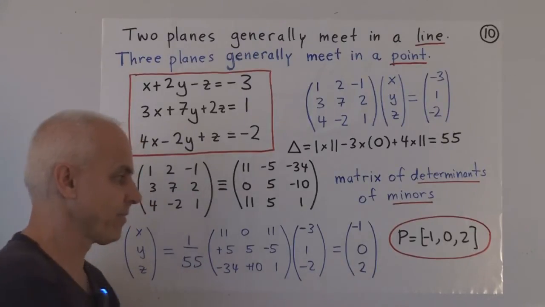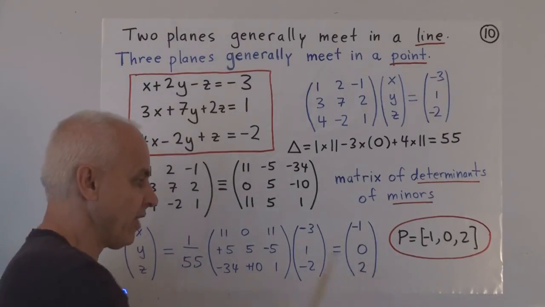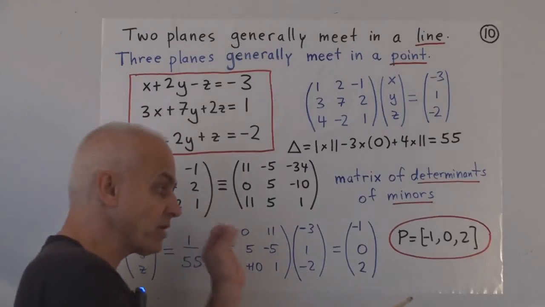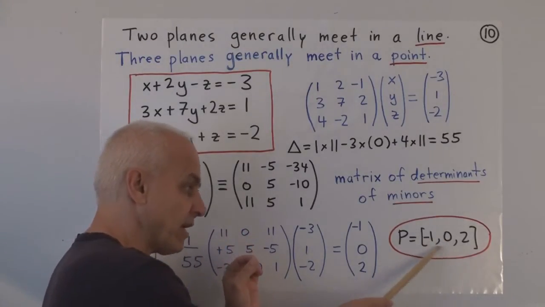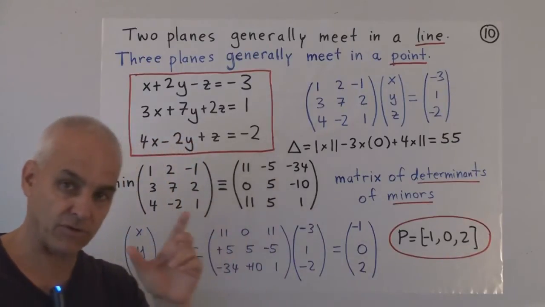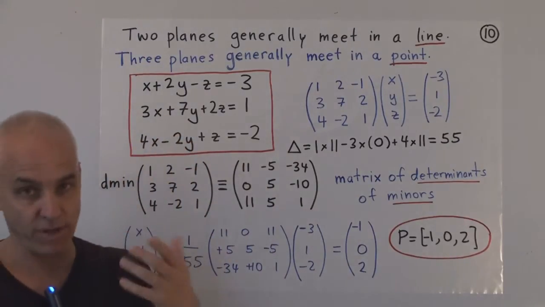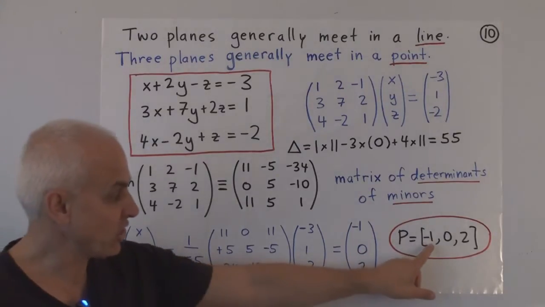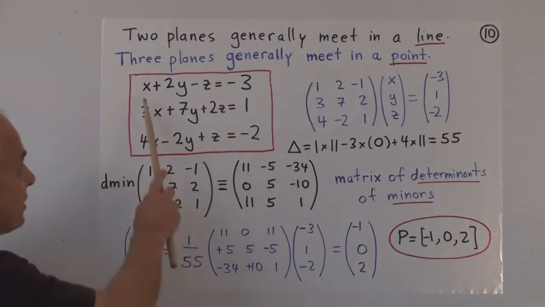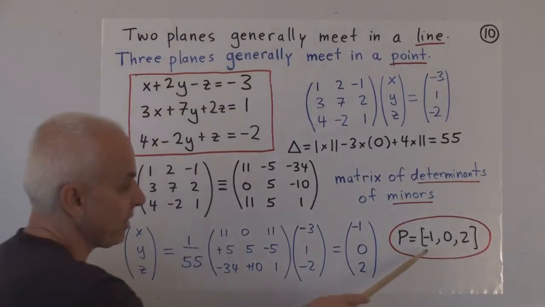There's a solution for x, y, and z. So the common point of intersection is the point -1, 0, 2. I've written it as a row vector in square brackets because it's a point. And we can check that. We can check that that point satisfies these equations by plugging things in.